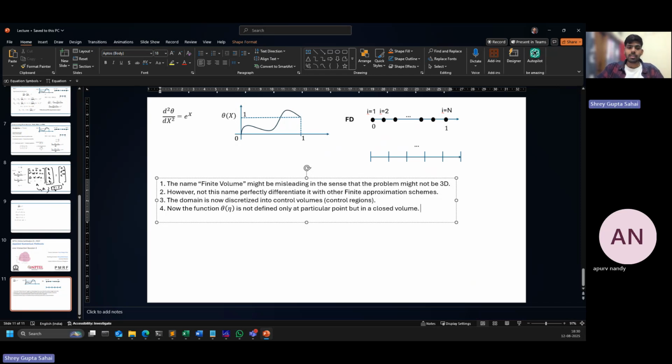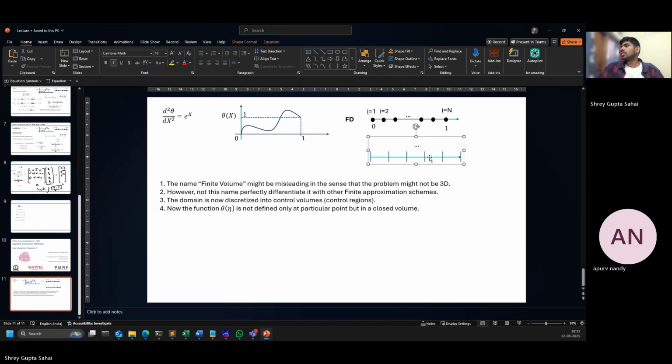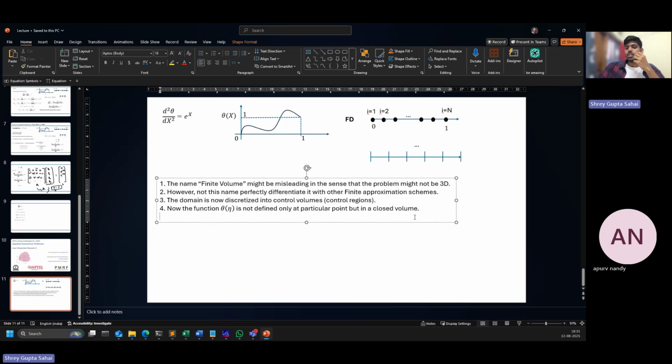So now that you are in this volume kind of situation, there is still a challenge in how to solve this PDE.